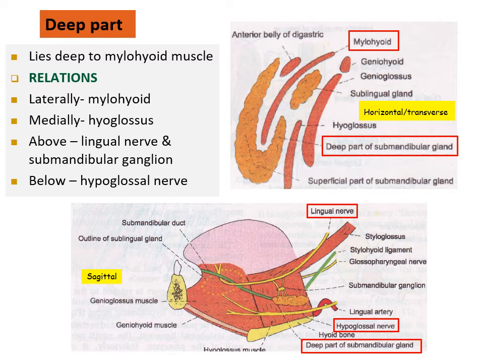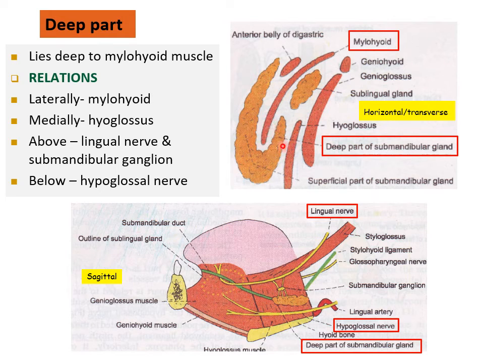After knowing the relations of the superficial part, now we will move on to the deep part. The deep part of the gland, as you know, lies deep to the mylohyoid. This is the mylohyoid muscle.